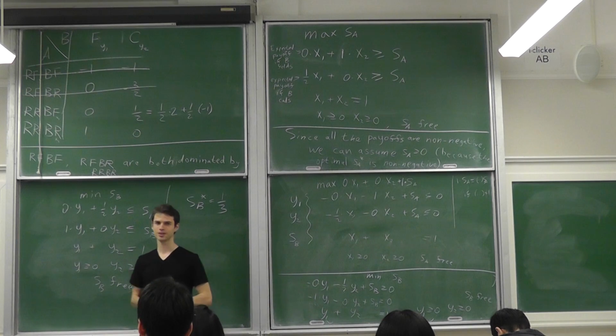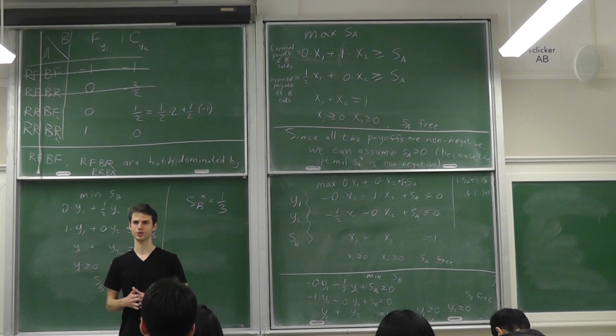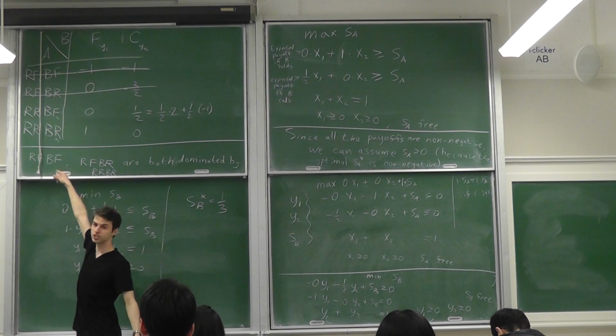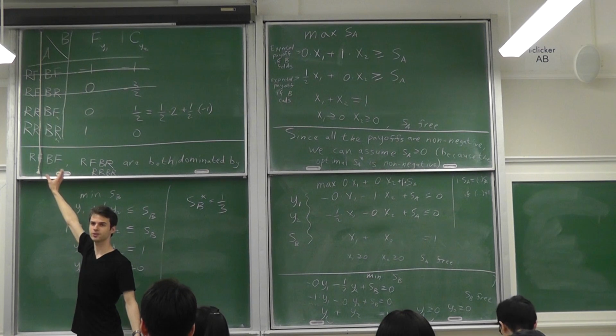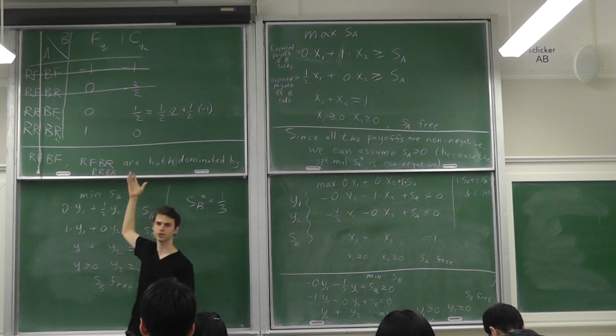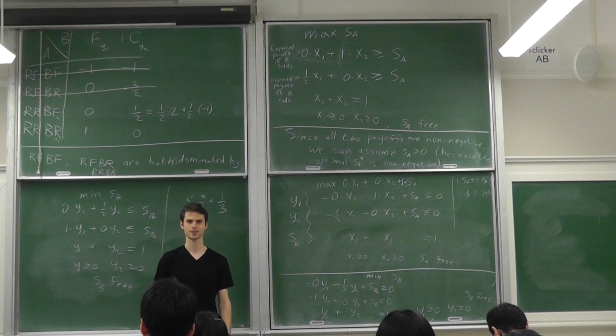Then people try to argue about what other kinds of combinations in the game, what kind of strategies tend to behave in the same way regardless of what the opponent plays.